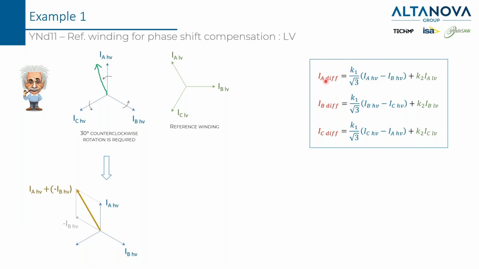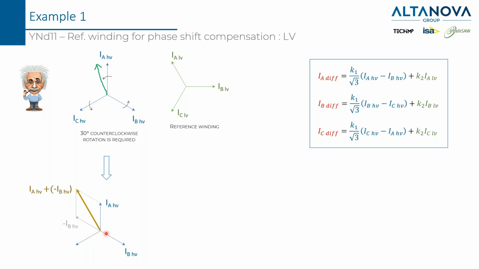In order to have a differential current for phase A, what I have to do is take the phase A current and add the minus B phase current. It's important to understand that this minus does not mean the difference of two vectors.